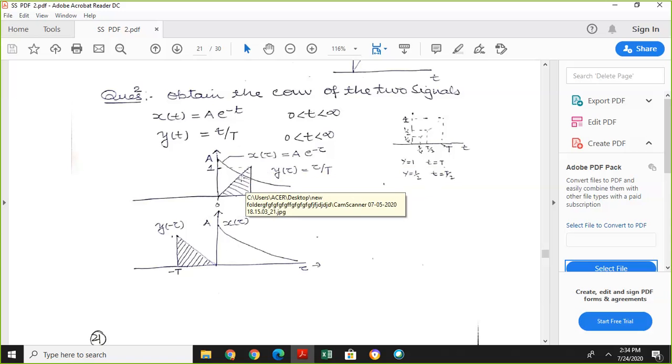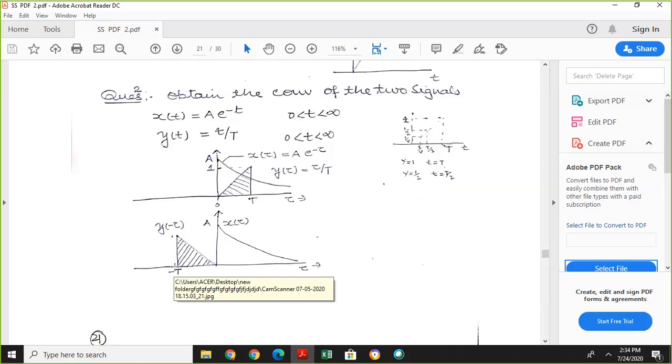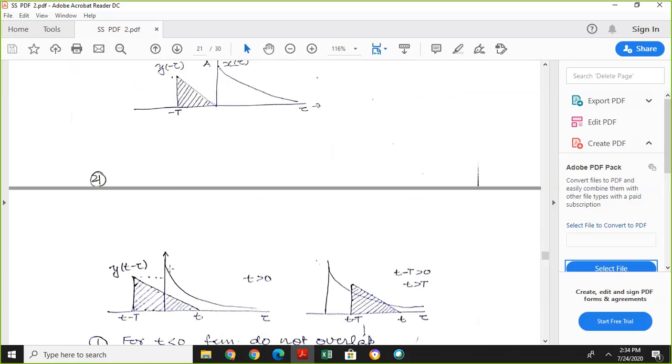Then take the mirror image of this y of tau along the vertical axis, you get this. First step, and then multiply these two signals and integrate them. After multiplication, integrate these two signals.